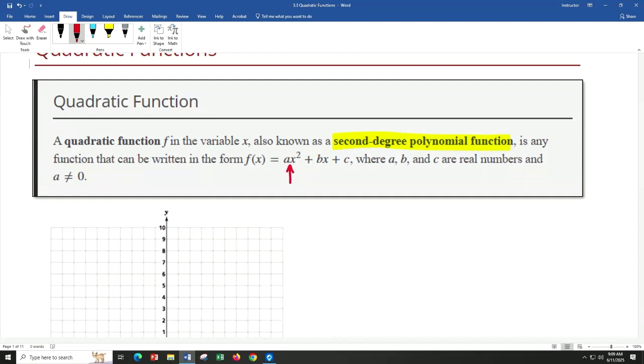This is why we've been stressing putting things in descending order. You always look at the largest power. And since I know this is a second degree polynomial, I don't care what's coming after it. That tells me this is a polynomial function, a quadratic function with a second degree.